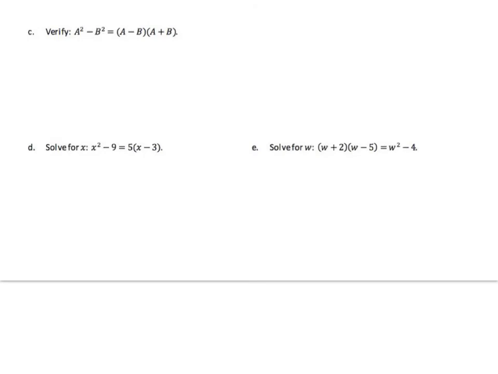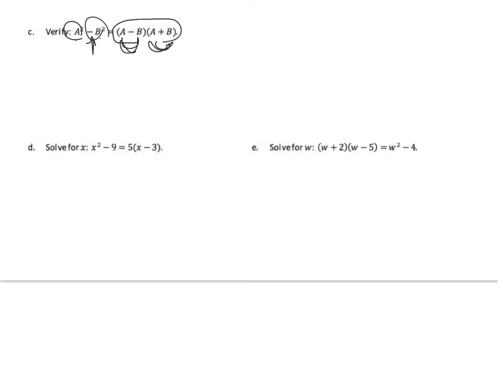Okay, verify these. Okay, we've got a pattern here. We did it in the last two. When I have the difference of perfect squares, a squared and b squared, it factors into a minus b and a plus b every time.